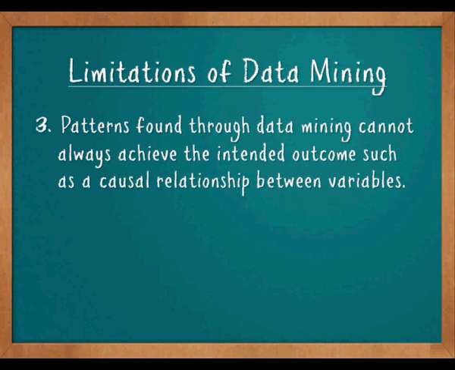The third limitation is that, although patterns found through data mining may help in identifying links between behaviors and/or variables, they cannot always achieve the intended outcome, such as a causal relationship between them. There may be other factors that are not captured by the patterns that actually influence the behavior.